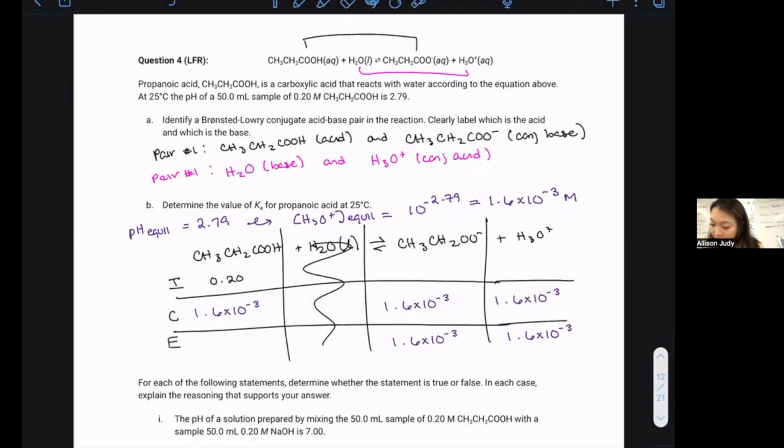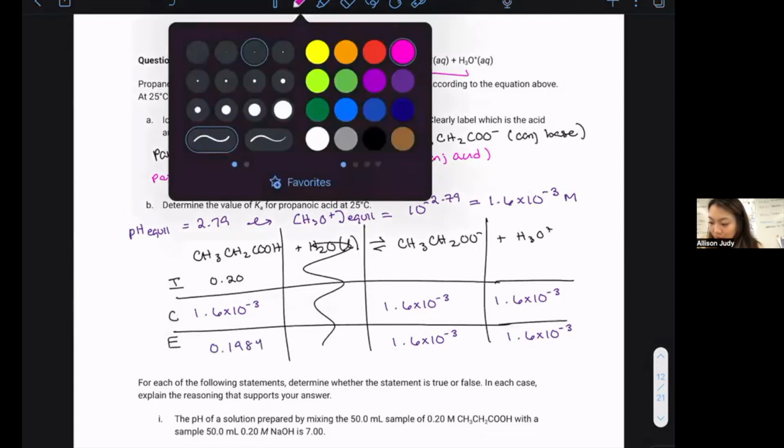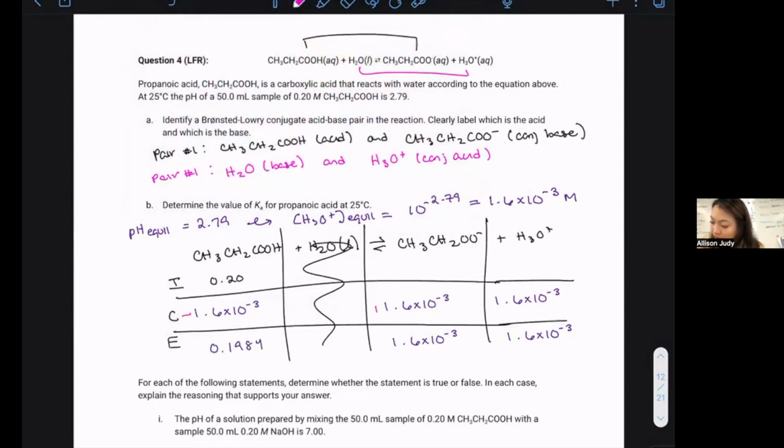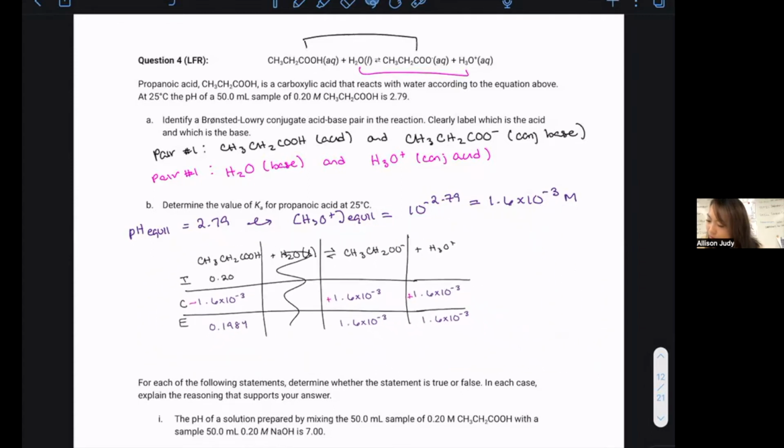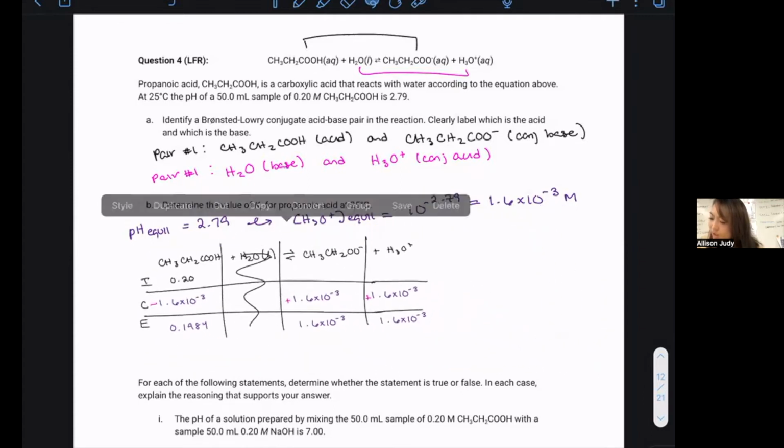That gives us a value of 0.1984, which is basically the same thing, but whatever. Okay, you subtract, you're adding here, and you fill in the table. Okay, so now that you have your values, this is again, I think I mentioned, type 3 problems of equilibrium are like your dream problems because they're just basically plug and chug.